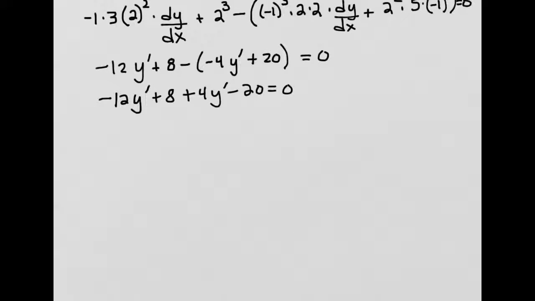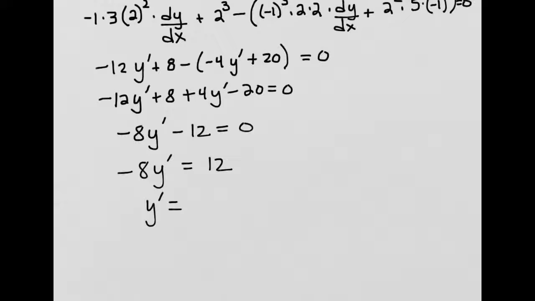Now, -12y prime plus 4y prime gives me -8y prime, and 8 minus 20 is -12. So I get -8y prime equals +12. That gives me y prime equals -12 over 8, and that is -3/2. Final answer. So that's that problem.